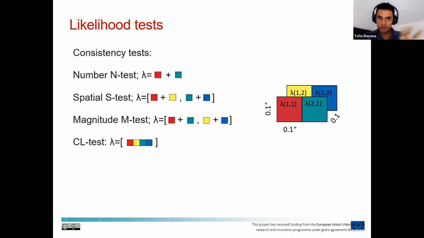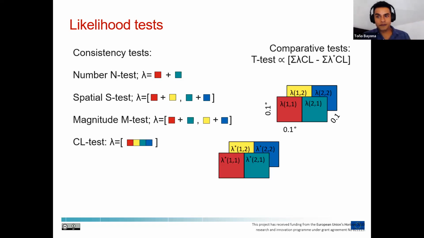We not only provide, let's say, a consistency test, but we also compare seismicity models. In other words, we don't only compare the consistency between the observations and the models, but we also compare the predictive skills of two competing models.